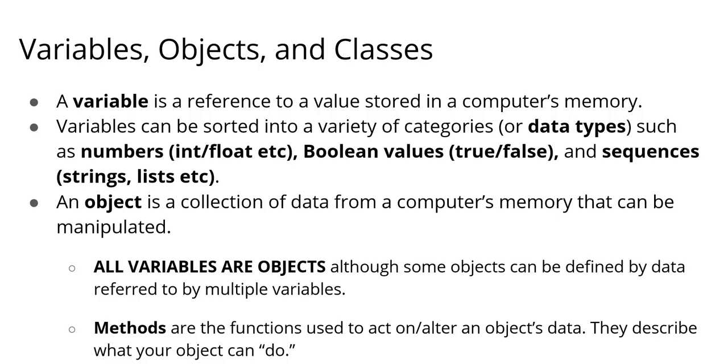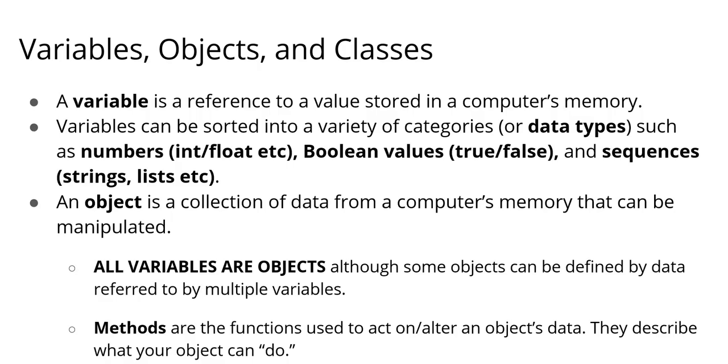If we are talking about variables, objects and classes, a variable is just a reference to a particular value stored in computer memory. Variables can be sorted into a variety of categories, which can be your data types, like integer, float, etc., and boolean values also.